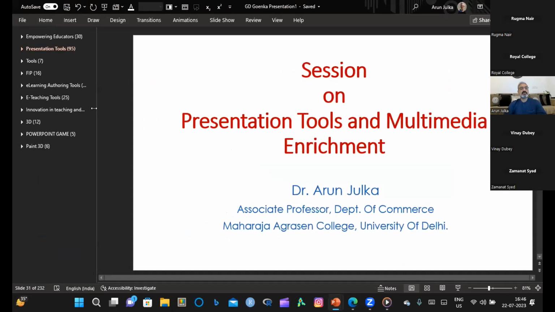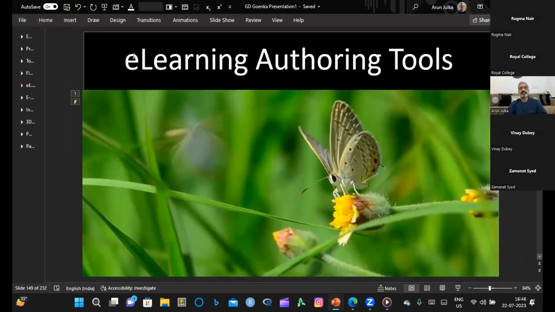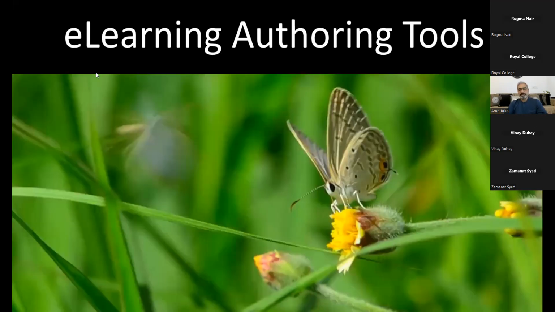This is your okay, because when we talk about the e-content development, we're talking about authoring tools actually. When we talk about authoring tools, I'm just going for a small slideshow for you. So we are talking about e-authoring tools here.